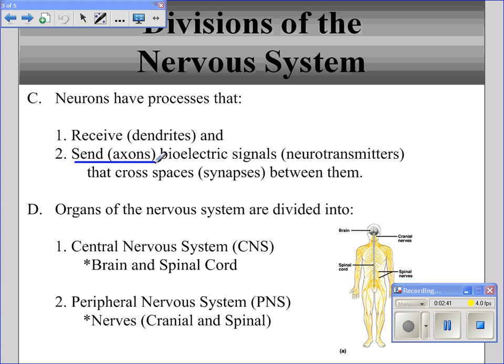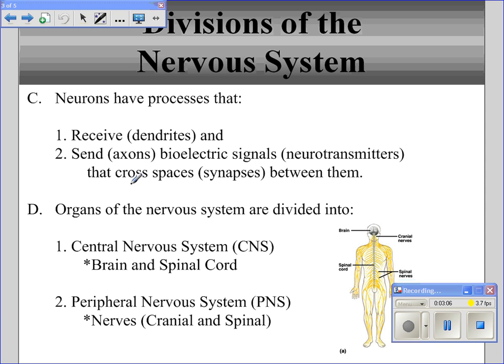And then the neuron's going to send information away from the soma, and that's called the axon. There's only one axon that's going to leave the soma, although sometimes there are some branches, and we'll talk about that later. They carry the bioelectric signals, electrical signals, down the neuron, and then we're going to change that electrical signal into a chemical signal via some sort of neurotransmitter. We talked about acetylcholine during the muscle system.